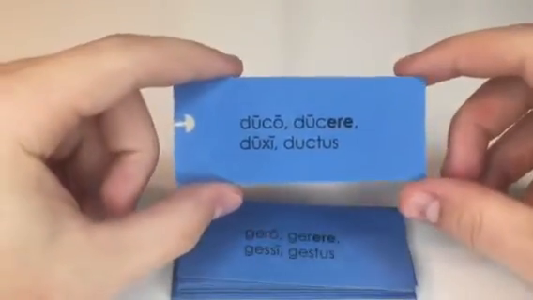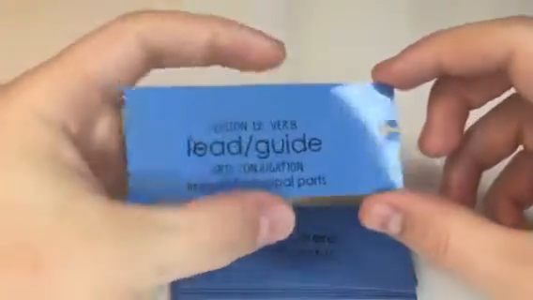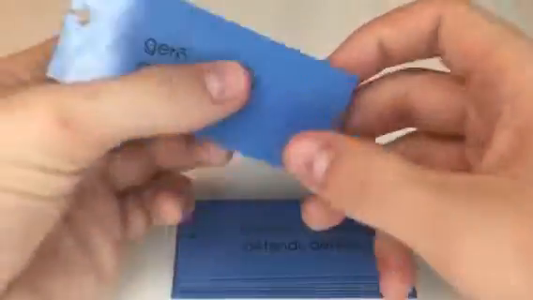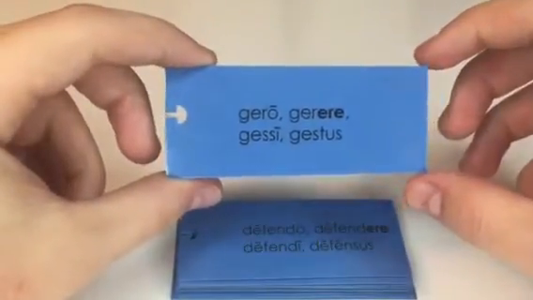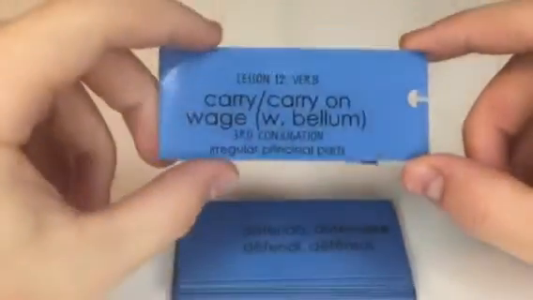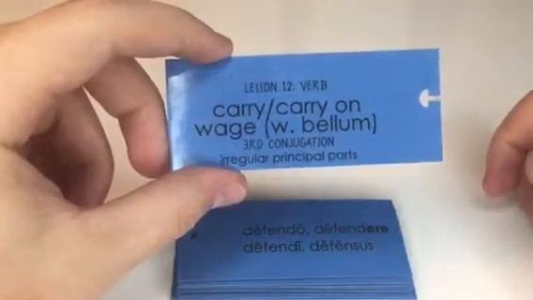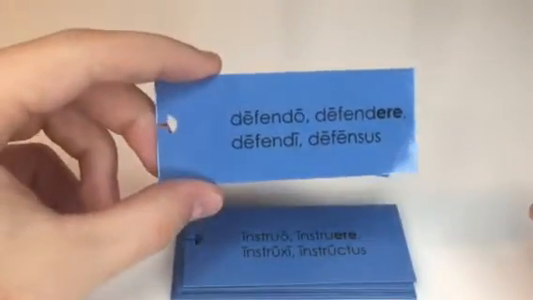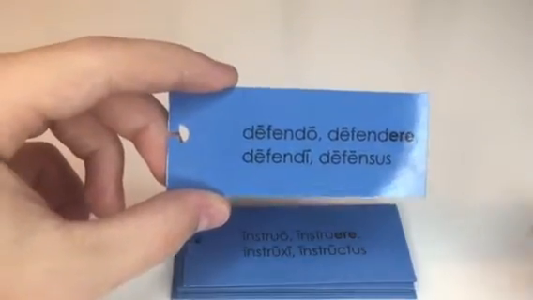Let's see if we can go through and say what these mean. Duco, ducere, duxi, ductus. Lead or guide. Here's our next one. Gero, gerere, gessi, gestus. Carry, carry on, wage, with bellum. Defendo, defendere, defendi, defensus.